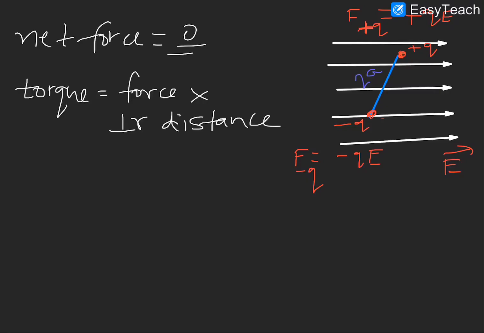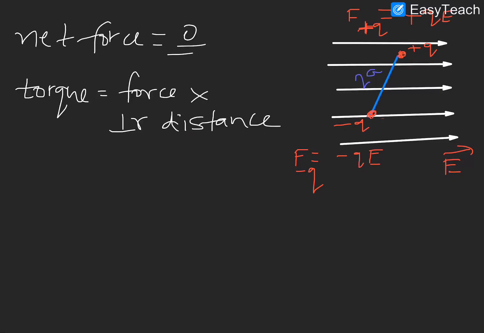Here, first we will find the value of torque. So you can consider that it is QE instead of minus QE and plus QE. In general, you can consider that it is QE. Now there is another quantity, that is perpendicular distance.